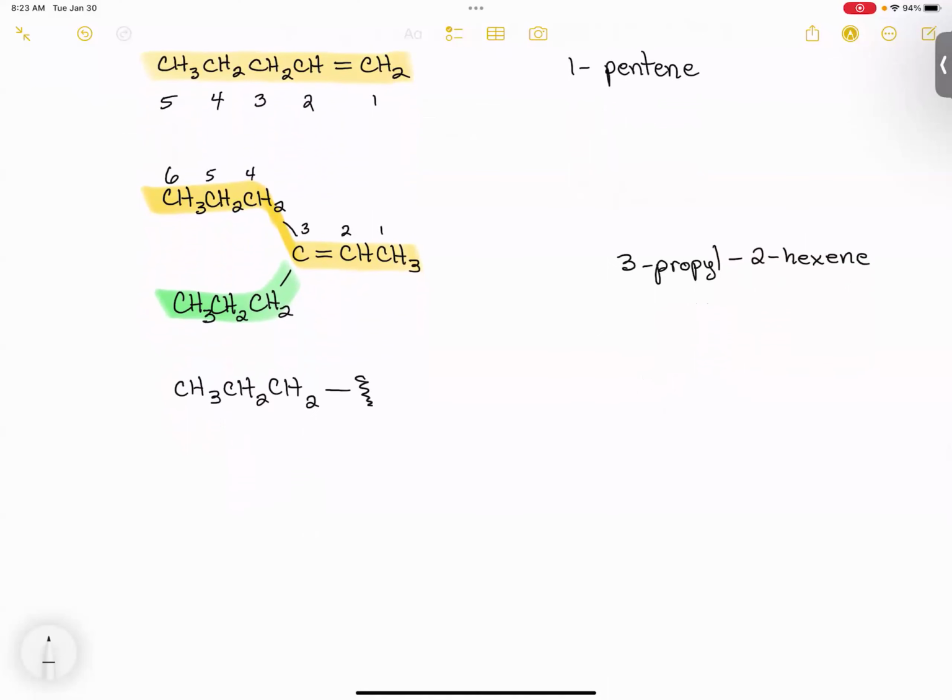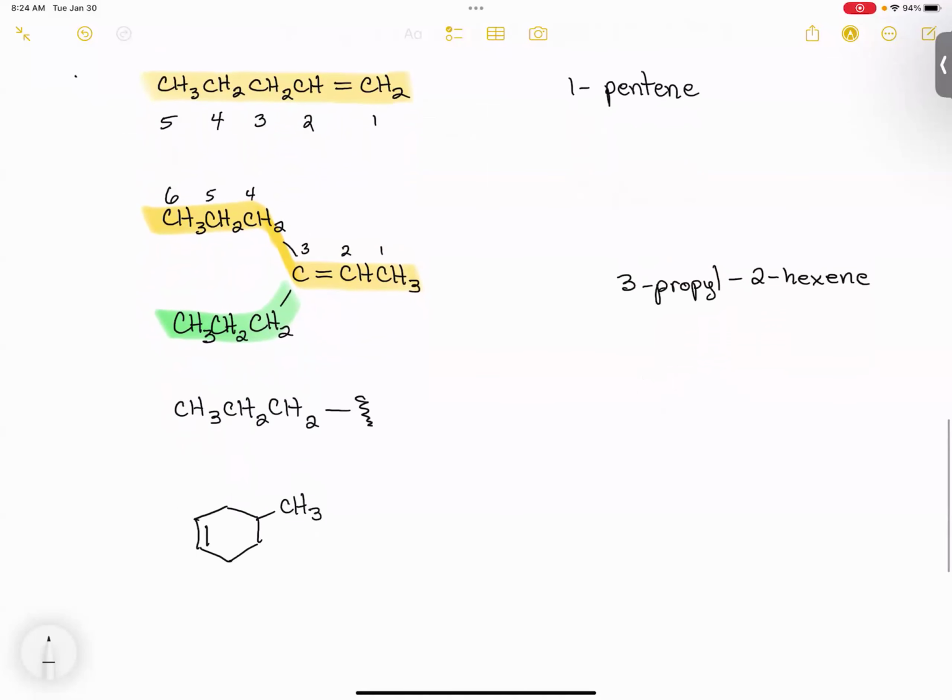Let's look at this structure. I see a cyclic group.